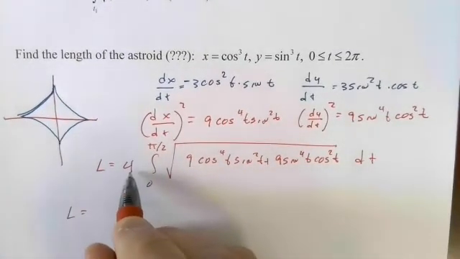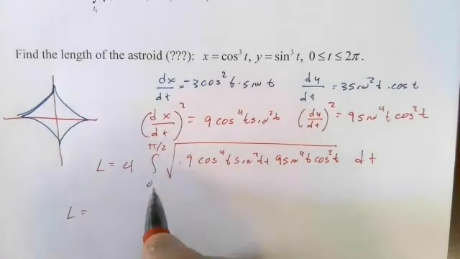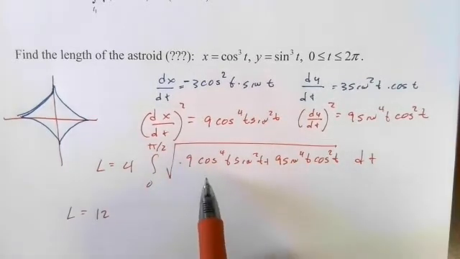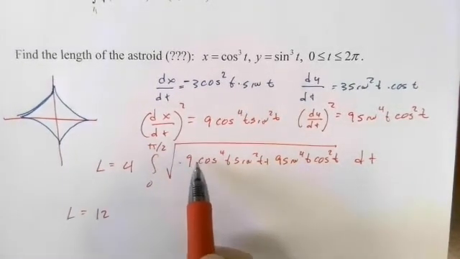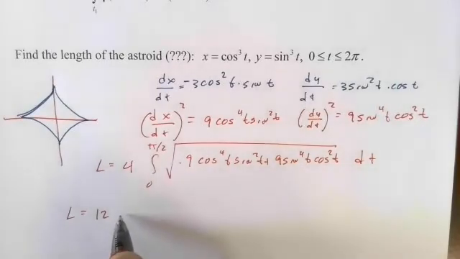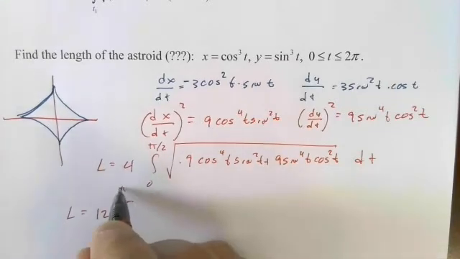Pull out the 9, factor out 9 and square root it, we get 3. I can take out cosine squared and make it cosine. Now I gotta think about this for a second. Yeah, I took that out. Let's see what happens with everything left inside.